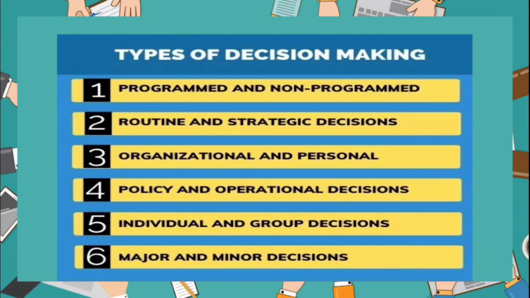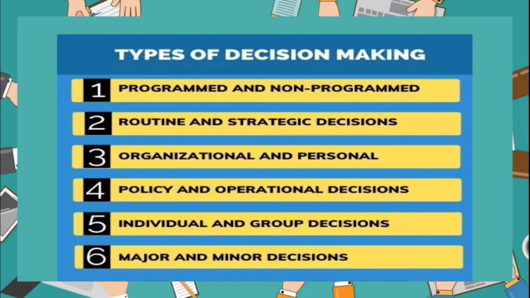The sixth type of decision is major and minor decision. Major decisions are the decisions which require much planning, and they are risky decisions that require much data and information, and usually they are taken after critical thinking and critical analysis.